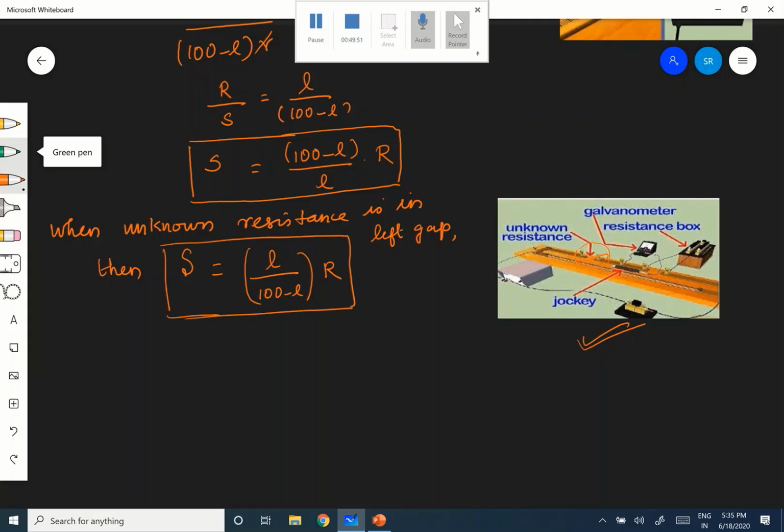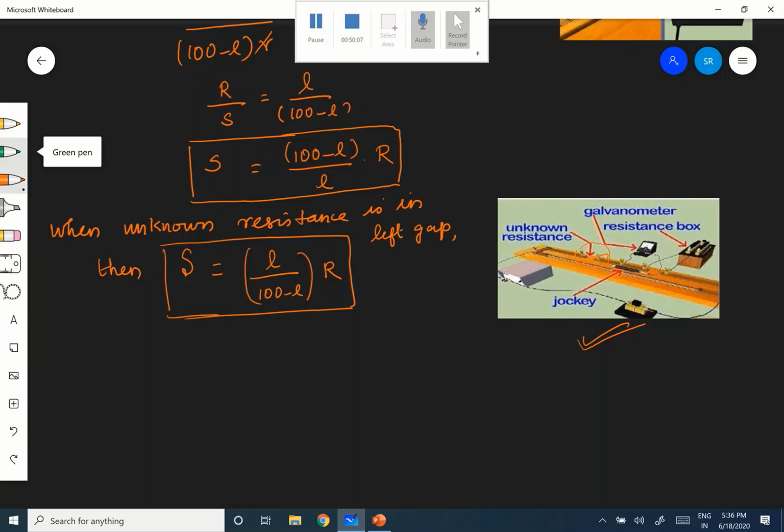In the right gap it is (100 minus L) by L into R, and in the left gap it is L by (100 minus L) into R. Are you following? You have to see that.